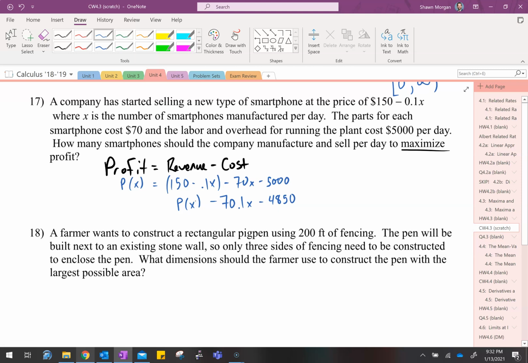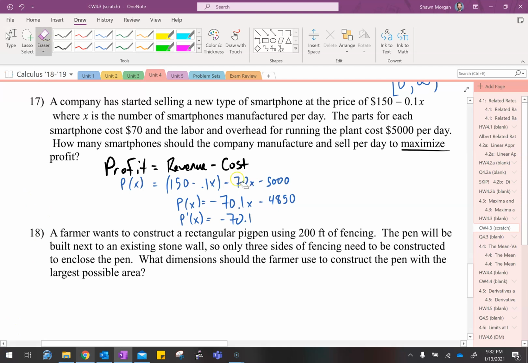Hopefully I don't make a bonehead mistake here. But when we differentiate that, when we find P prime of x, that's going to be just a simple matter of saying, okay, well, that's negative 70.1. And does that ever equal 0? The answer would be no. So I think I've messed something up here. I tell you what, instead of wasting time, let me pause the video and I'll pick back up once I figure out what I've done wrong.